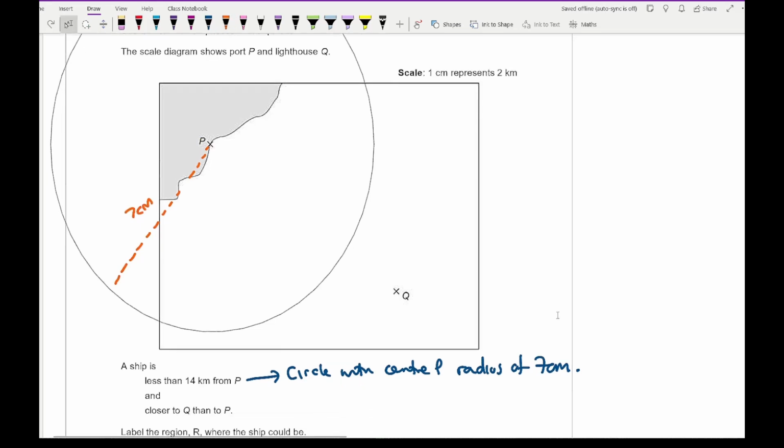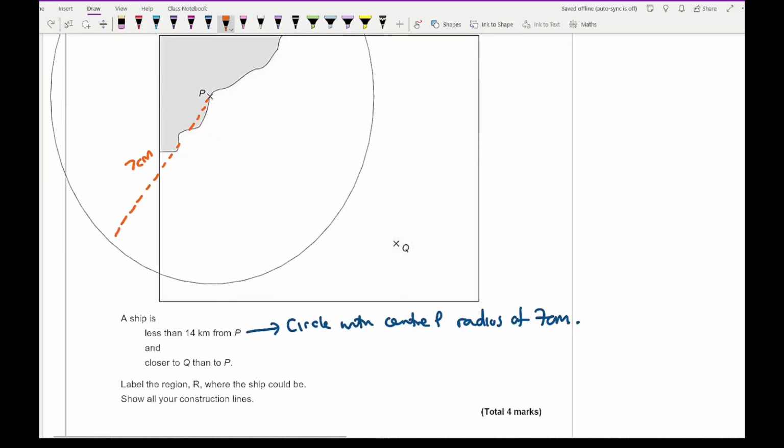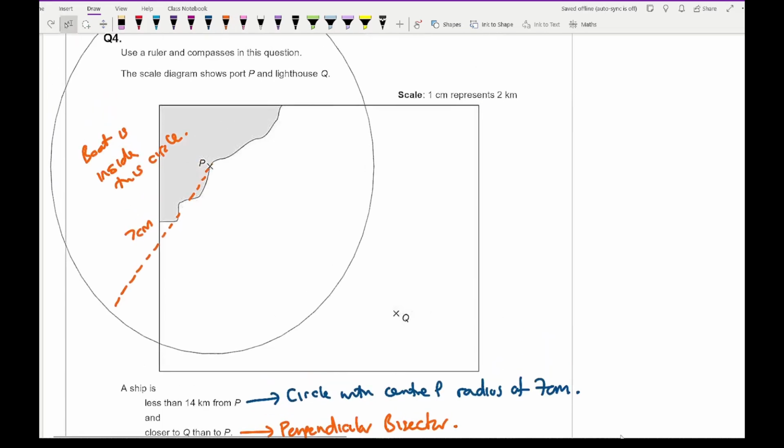Now the boat needs to be inside this circle. Then, in terms of closer to Q than P, what we need to do is a perpendicular bisector between the 2 points. Here I've already got an arc that's more than halfway.